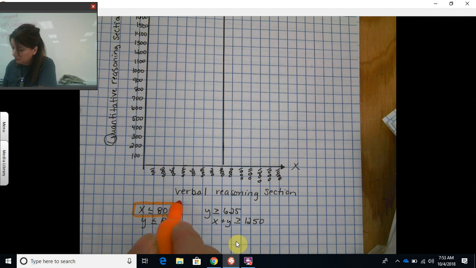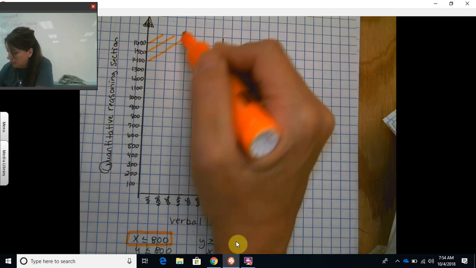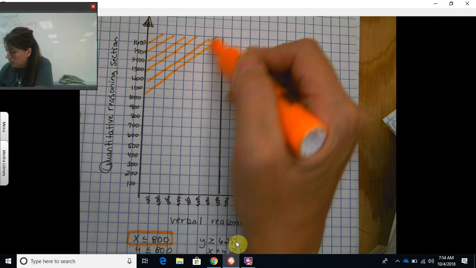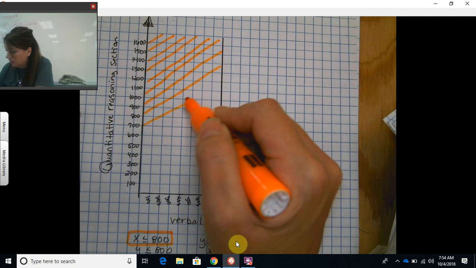So all of my x values that are less than or equal to 800, would that be values to the left of that line or to the right of that line? To the left. And so I shade to the left of the line because that's where all of my possible scores that are less than 800 or equal to 800 would be.